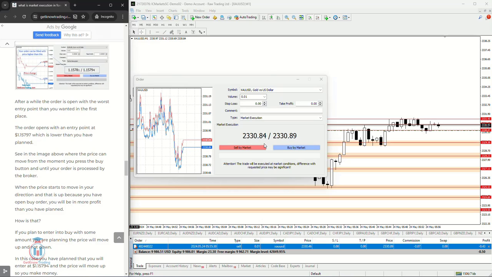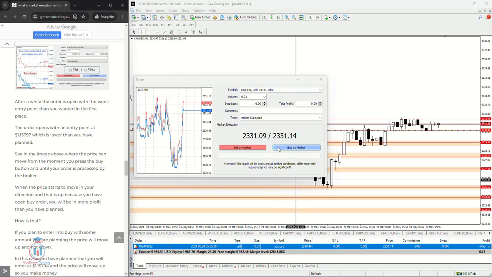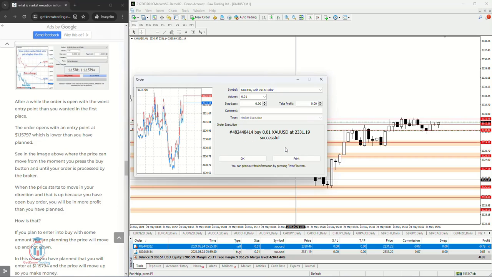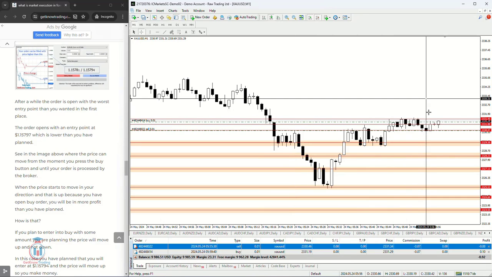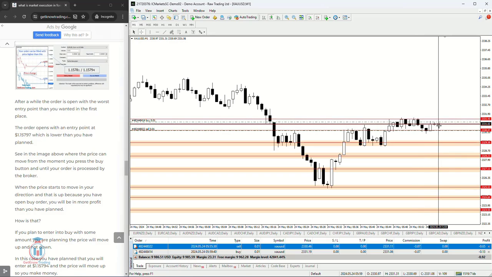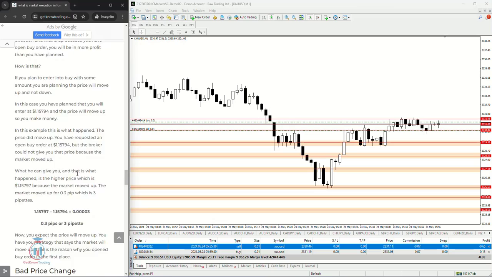In today's time, many brokers have very fast trading servers, and when you send a request, the order is opened very quickly, just as in the example I have shown you right now. For example, if I click buy by market right now, it is opened immediately. But there is a slight price change, which in this case is okay. The price is not jumping around, the volatility is not very high. So this is also very good.